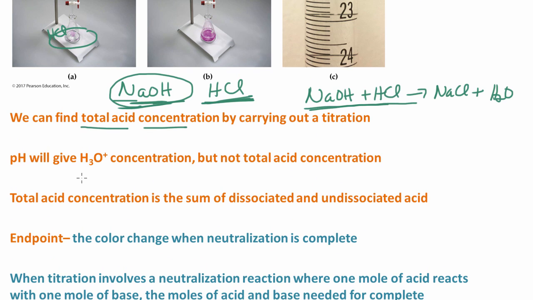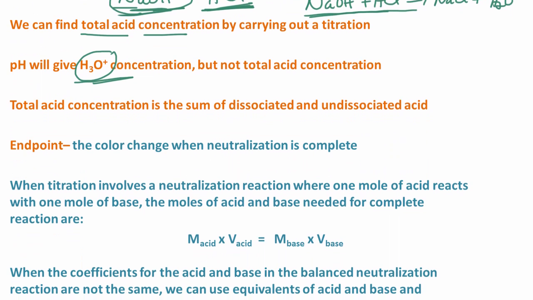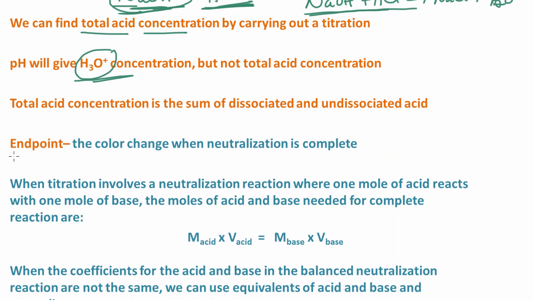We could take the pH, but that only gives us the hydronium ion concentration and not the total acid concentration, because the total acid concentration is the sum of both dissociated and undissociated acid. We want to know how much acid is in that solution. Again, as I said, the end point of the titration is the color change when the neutralization is complete.